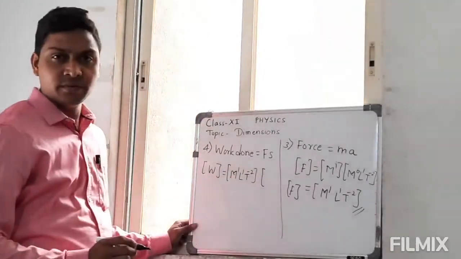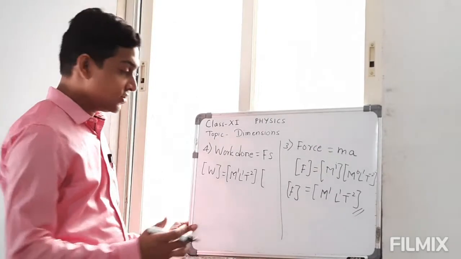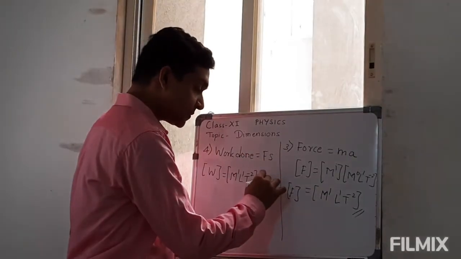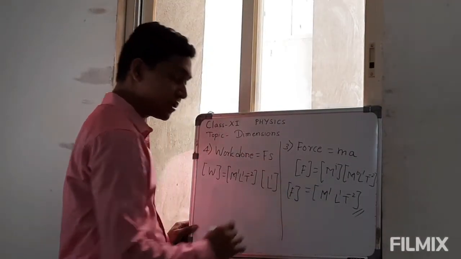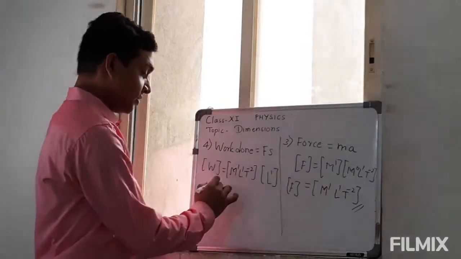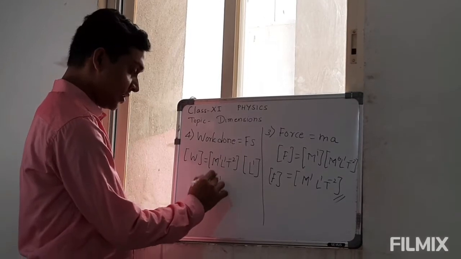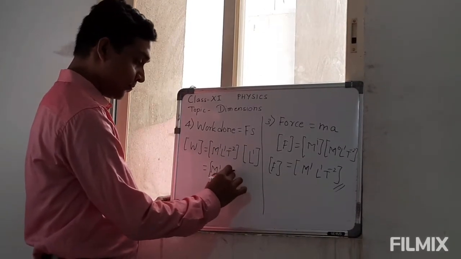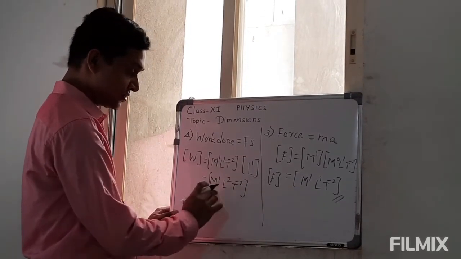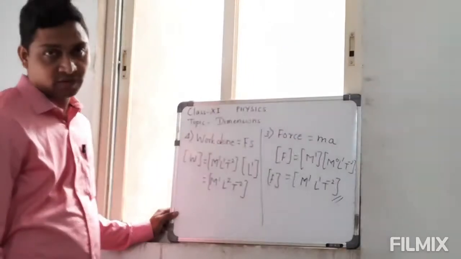Displacement is measured in terms of length, so the dimensions for displacement are L1. Okay, so here M1, then L1 will become L2, T-2. So these are the dimensions for work done.